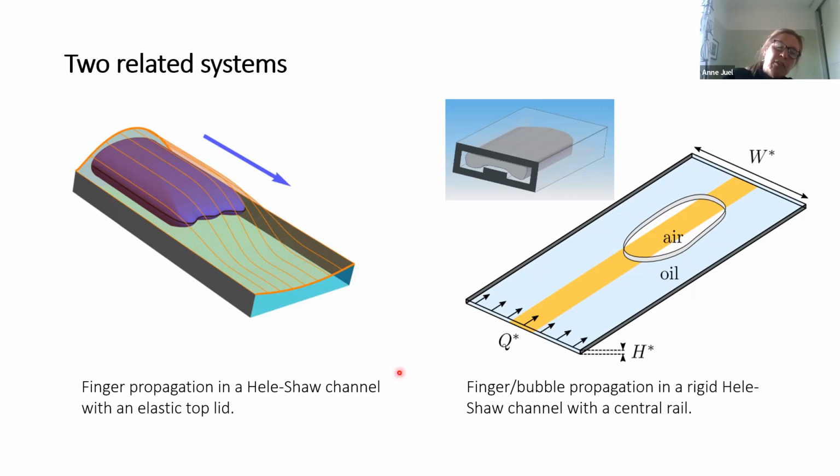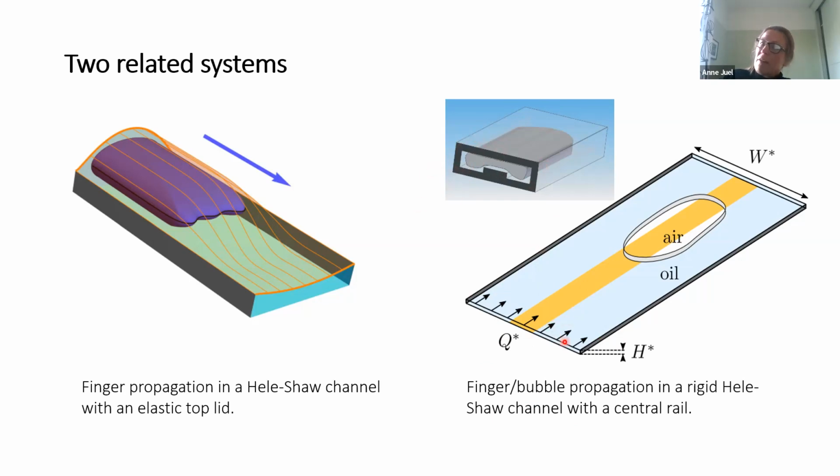So can we get some insight by looking at these slightly more complicated systems? As I said, for the left-hand side one, we've just changed the regular channel to a channel with a top elastic lid that can therefore deform. And the second system I want to look at is one where we have essentially a rigid Hele-Shaw channel.